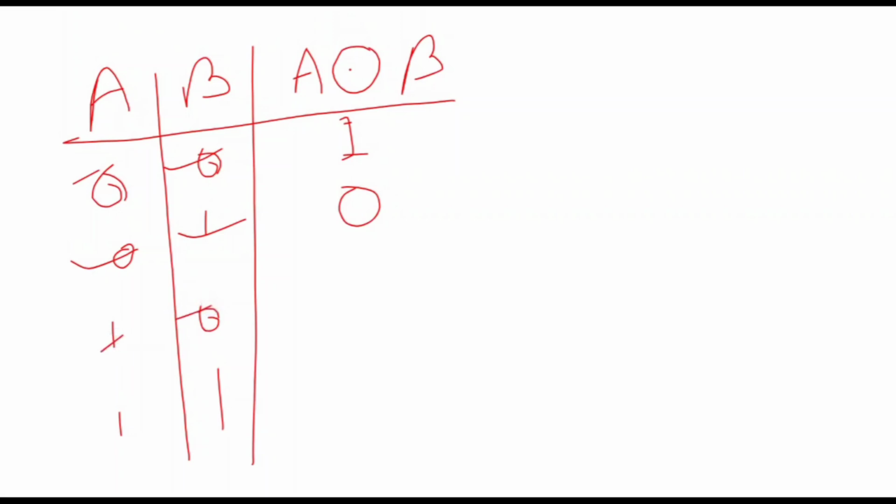A 1 B 0, again the inputs are different so the output is 0. A 1 B 1, the inputs are the same so the output is 1. This is the XNOR gate.